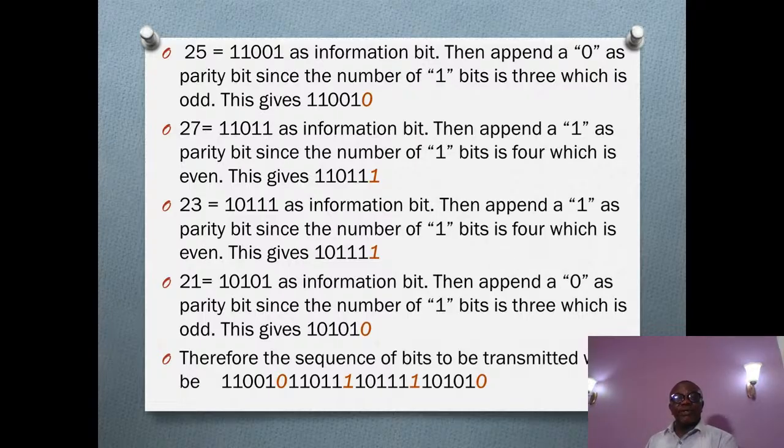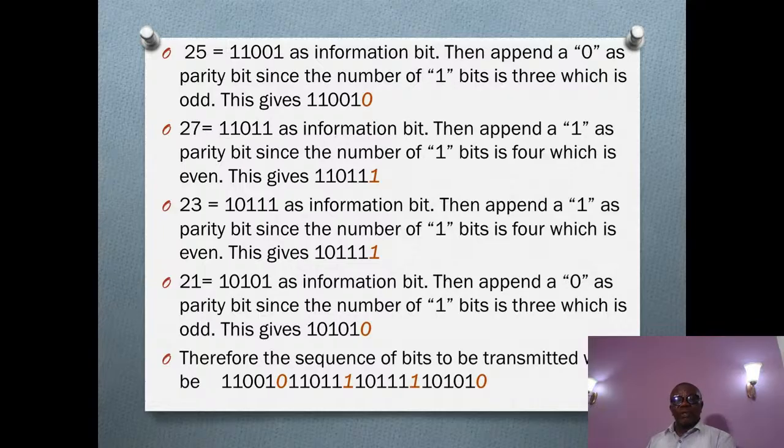So because it is an even number, you append a 1. Then you convert 23. You can also see that the number of 1 bits is 4. So you append a 1 because the number of 1 bits is even. 21, when you convert, you have the same thing.